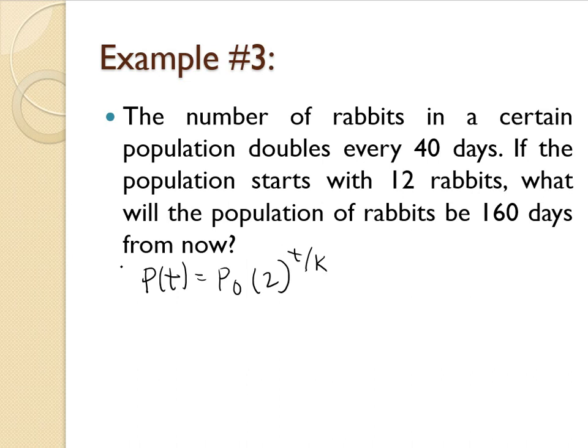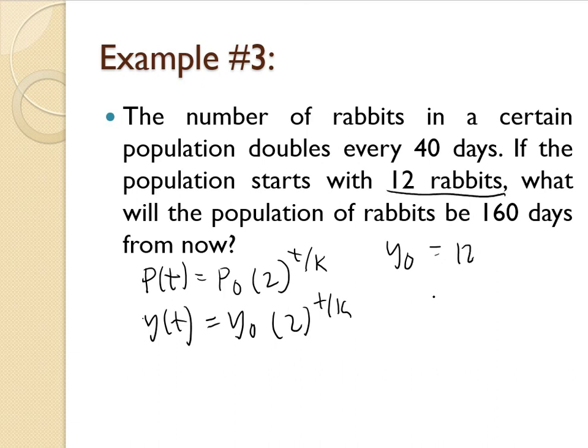Also, in our module, so that our variables are the same, we will use y in replacement of p. So we can write this as y of t equals y sub 0 times 2 raised to t over k. Our given here: y sub 0 or p sub 0, the initial population, is 12 rabbits.